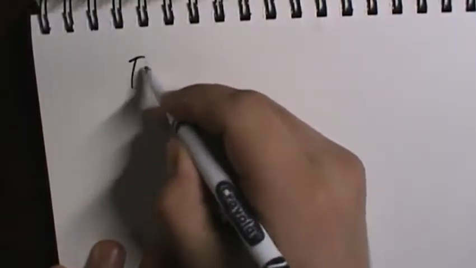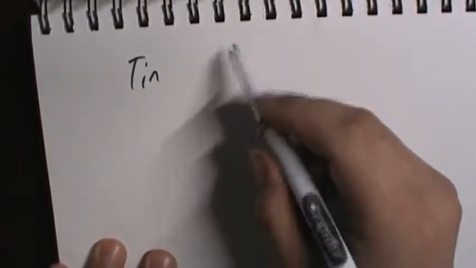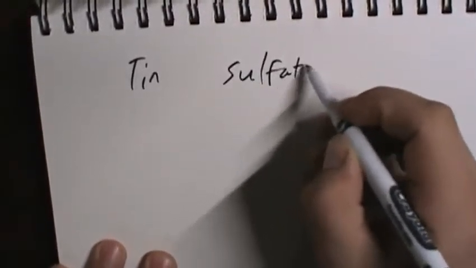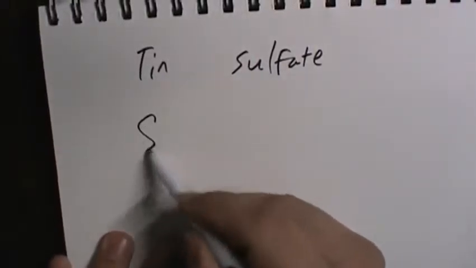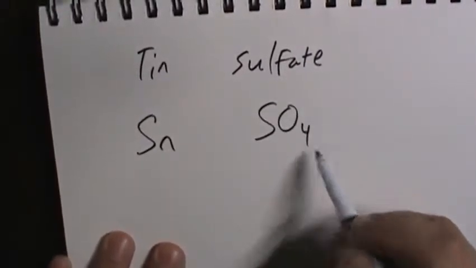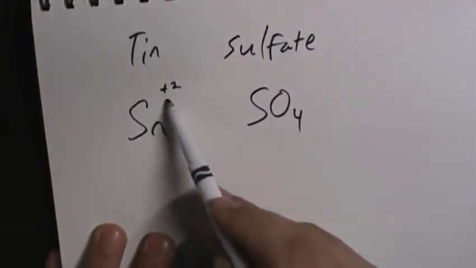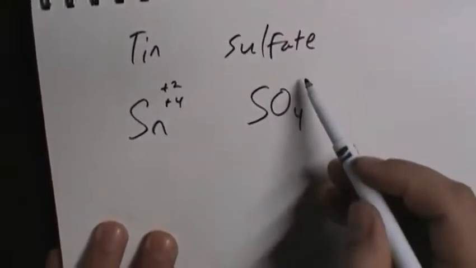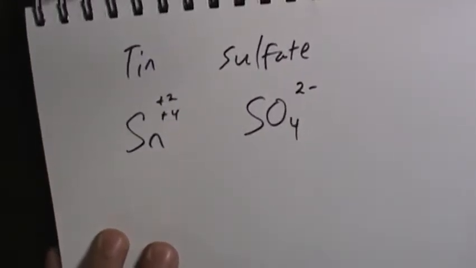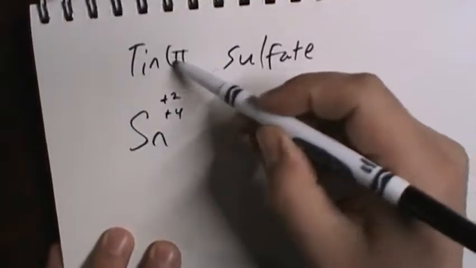So if I do tin and lead as an example here, because I haven't used them yet, let's do tin. And let's say tin combines with, let's do sulfate. Alright, tin, symbol Sn, sulfate, symbol SO4. Tin can be a +2 or a +4. Sulfate is always a -2. So let's say this is tin 2 sulfate.